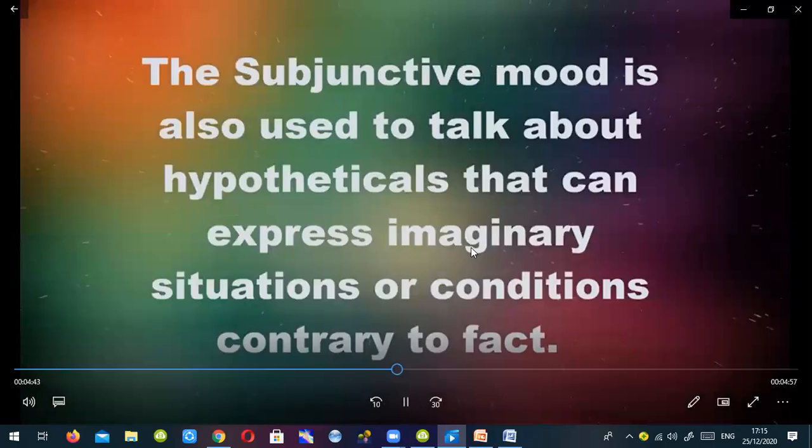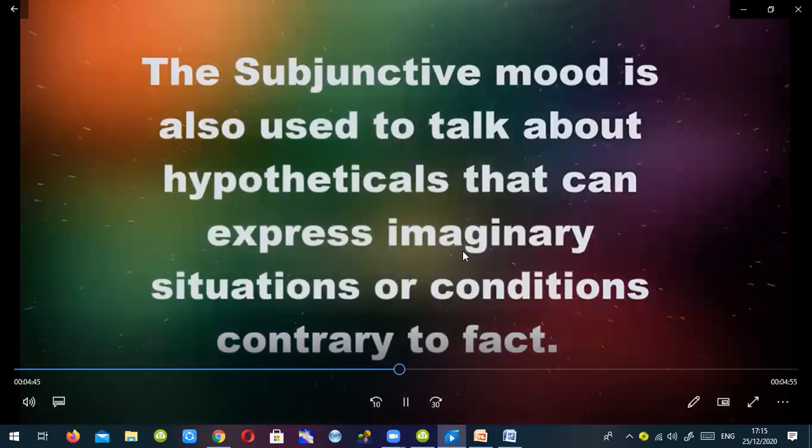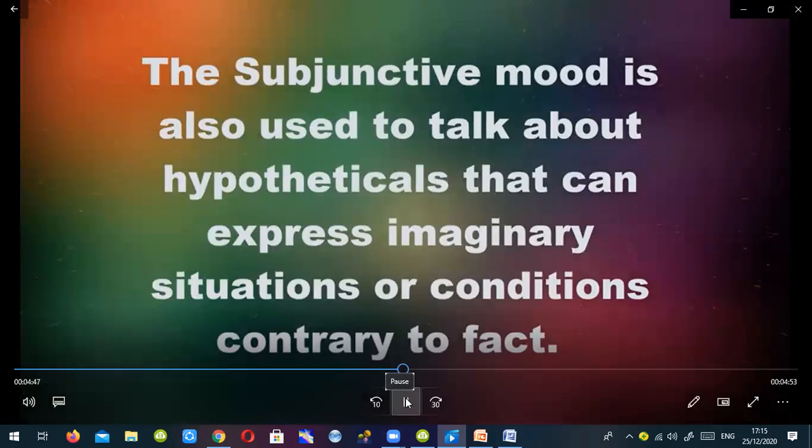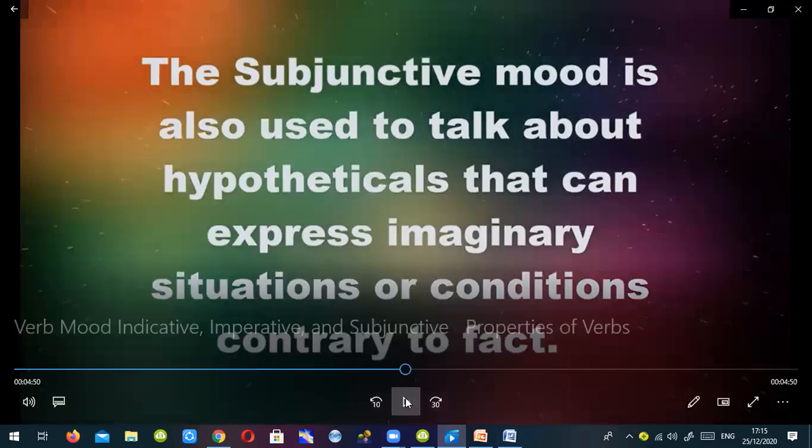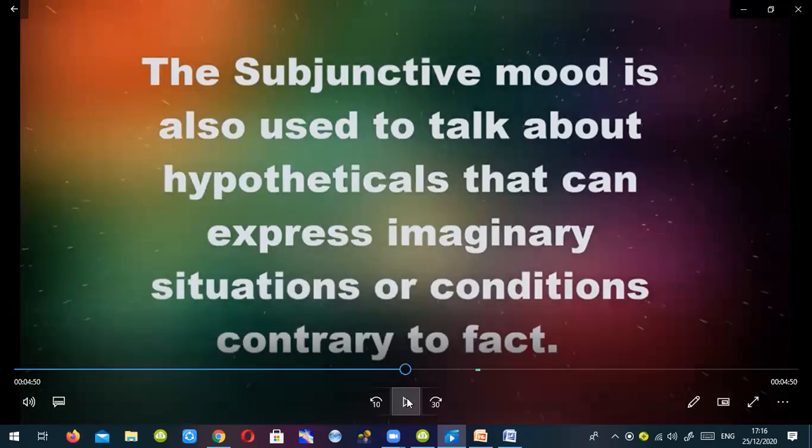It is also used to talk about hypotheticals that can express imaginary situations or conditions contrary to fact. And for hypothetical situations, you can see conditionals. Conditionals means if conditionals, and even wishes can be expressed using the subjunctive.